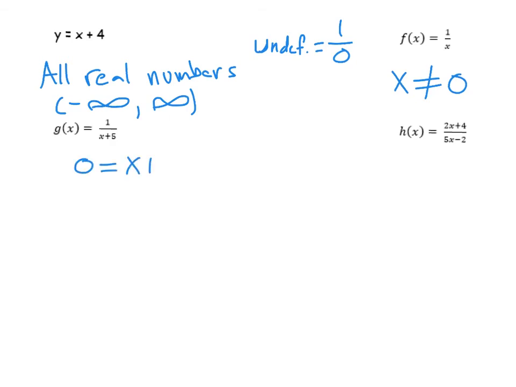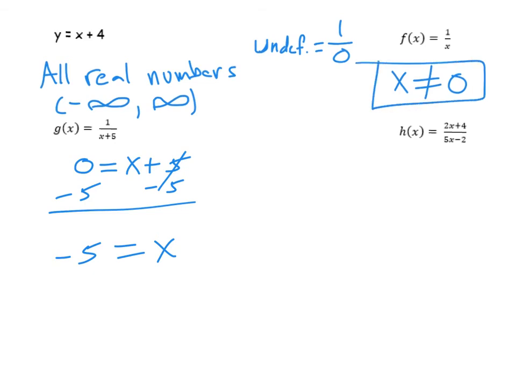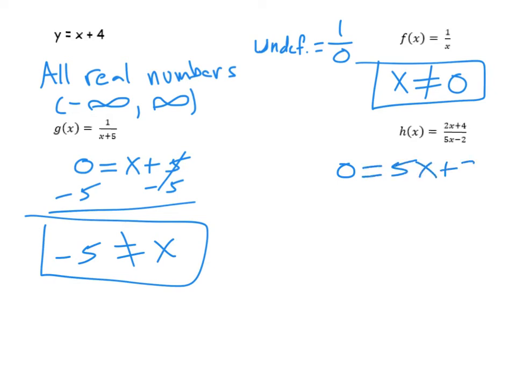A little more going on the bottom. Set that equal to 0. Solve it. X equals -5. X can't be -5. That's the way I would state that function's domain: x cannot be -5, can be anything else. One more with a little bit more going on still.